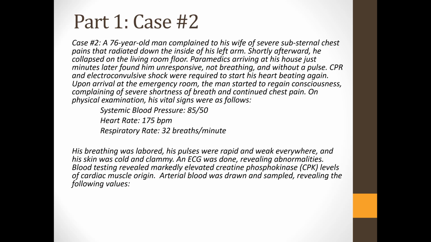Blood testing revealed markedly elevated creatine phosphokinase, or CPK, levels of cardiac muscle origin. Arterial blood was drawn and sampled, revealing the following values. His pH was 7.22, carbon dioxide was 30 millimeters mercury, oxygen was 70 millimeters mercury, and bicarbonate levels were 2 milliequivalents per liter.